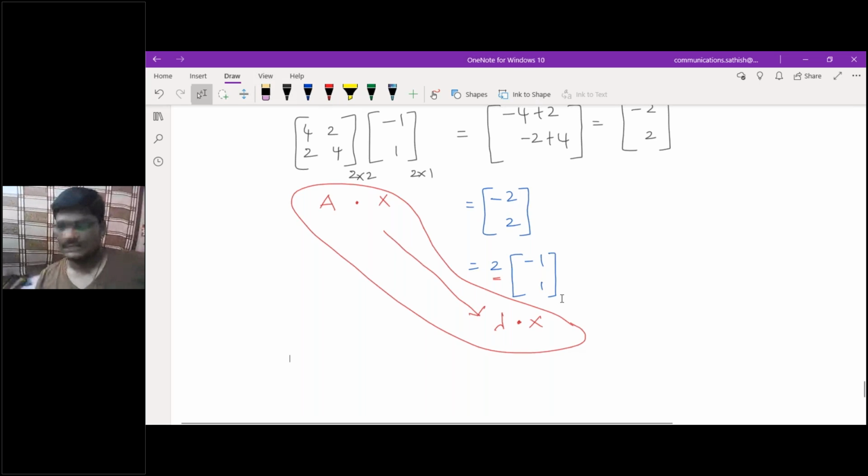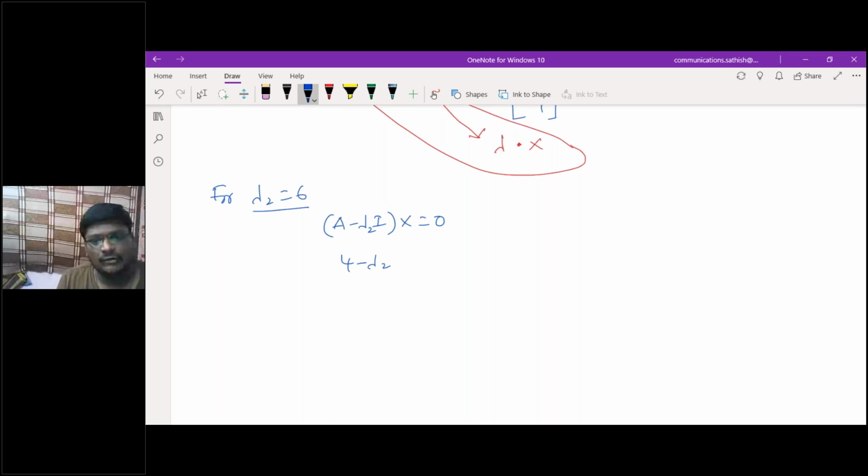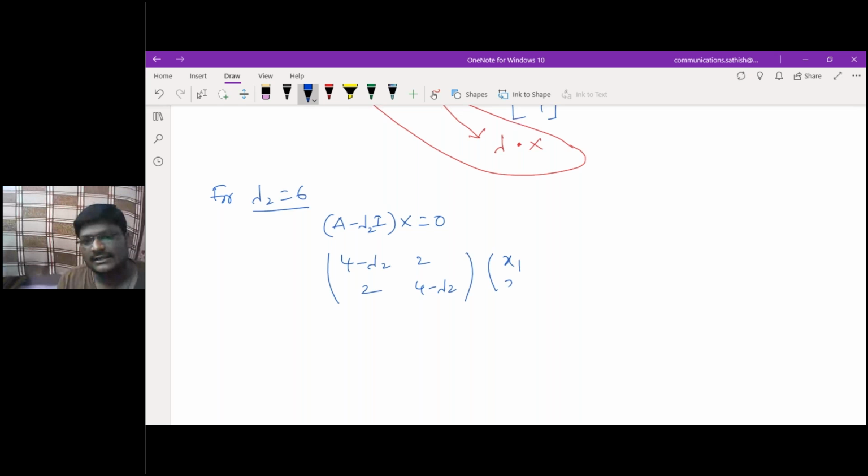Yes, the same analysis. Try to listen. For lambda 2 is equal to 6, A minus lambda 2 I into x is equal to 0. 4 minus lambda 2, 2, 2, 4 minus lambda 2. If you understood that earlier properly, then the same thing I'm doing here, which equals 0, 0.